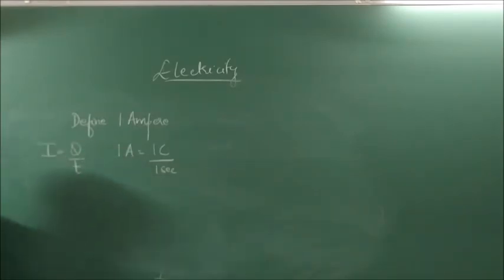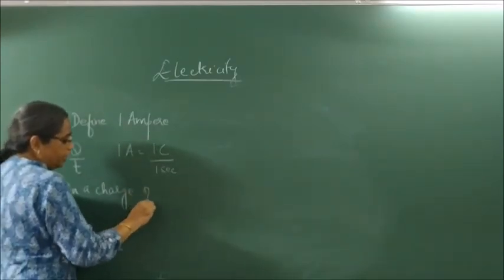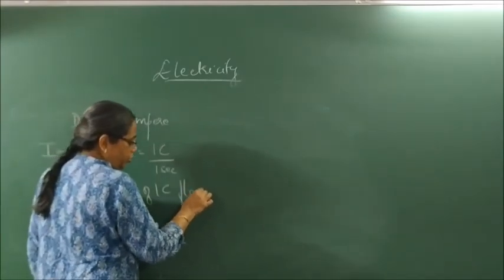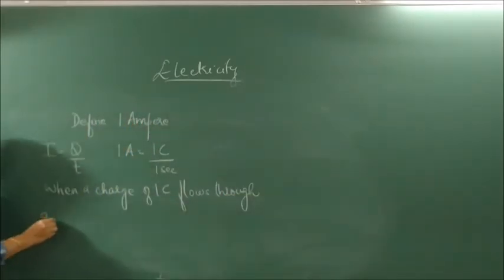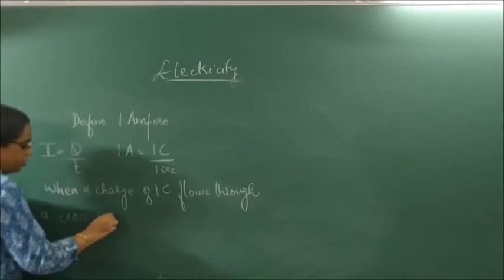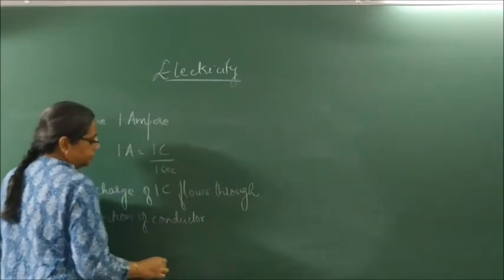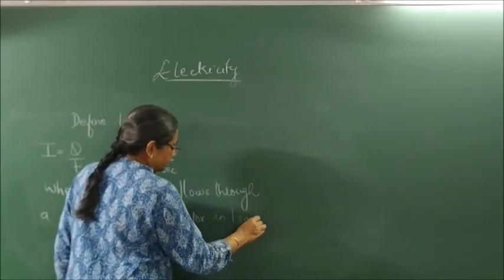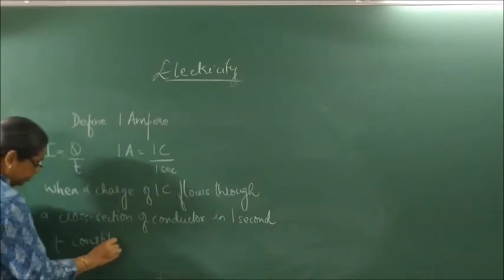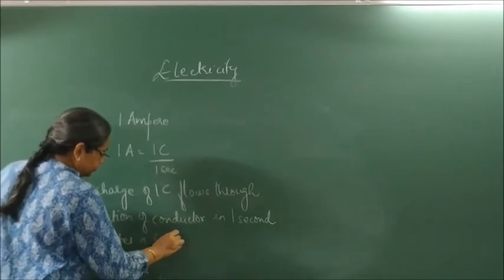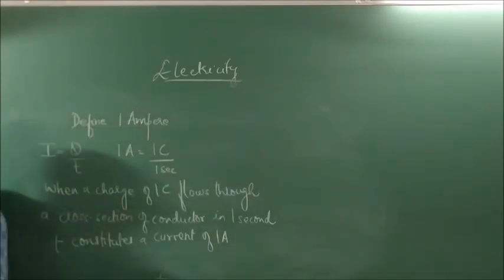This is slightly modified: when a charge of 1 coulomb flows through a cross section of a conductor in 1 second, it constitutes a current of 1 ampere.